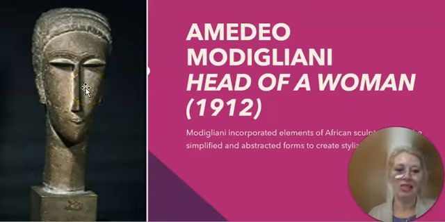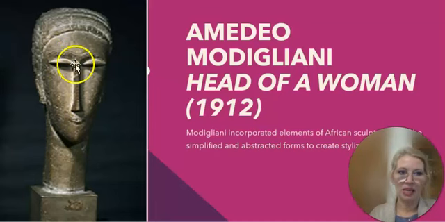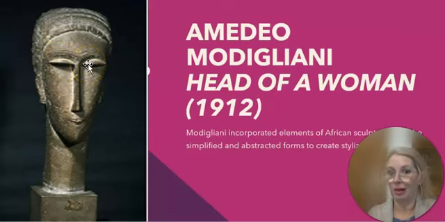Instead of sculpting a detailed human face, he stretched and simplified the form, creating something elegant and mysterious. Look at the long oval shape of the head and the simplified nose and the closed eyes. It almost looks like she's meditating, right? His sculptures have a timeless, serene quality, emphasizing grace over realism.